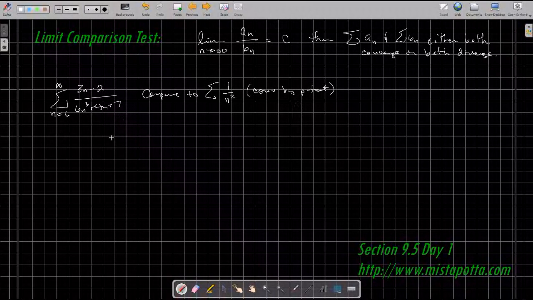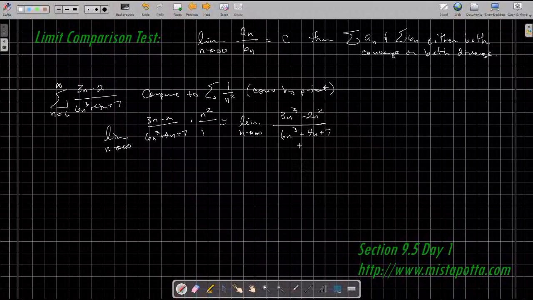So if I look for the limit as n increases without bound of my term, divided by this term that I'm bringing up, of course, dividing by a fraction means I'm multiplying, that I'm really looking for the limit as n goes to infinity of 3n cubed minus 2n squared over 6n cubed plus 4n plus 7.